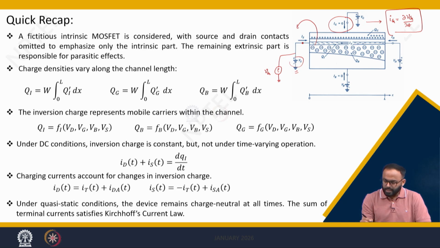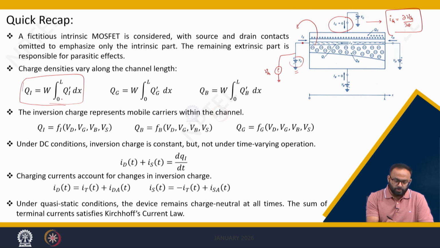Then we said that the total charge in the channel can be calculated as Qi equals W times the integral from 0 to L of Qi dash dx, where Qi dash is the inversion charge per unit area, which we multiply with the area to calculate the total charge.